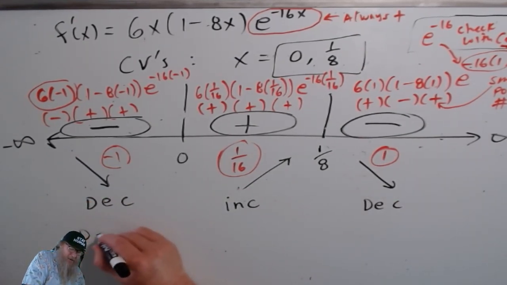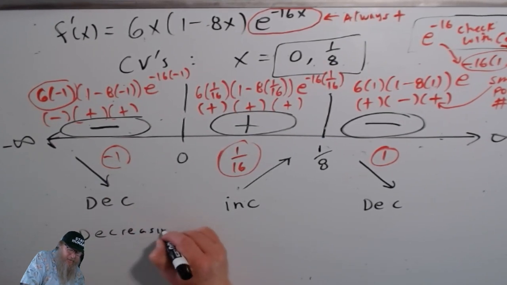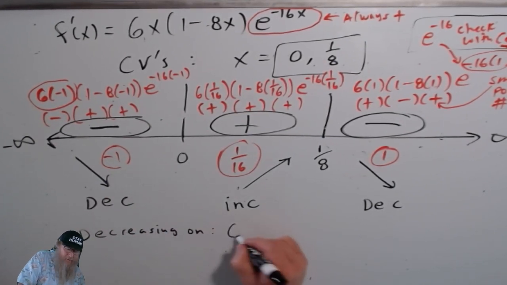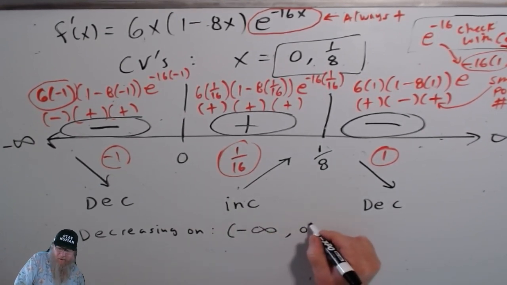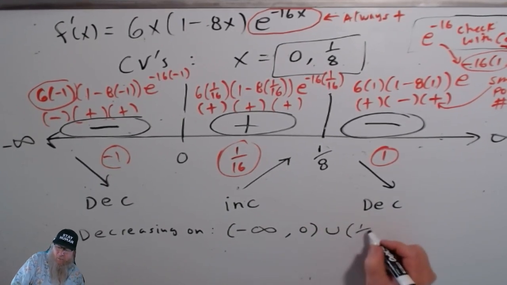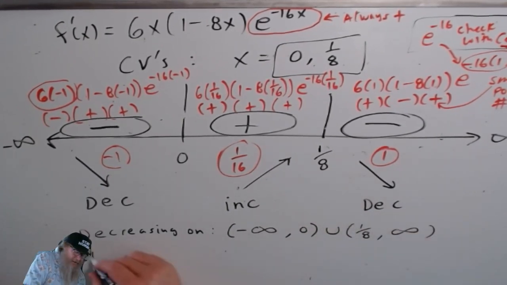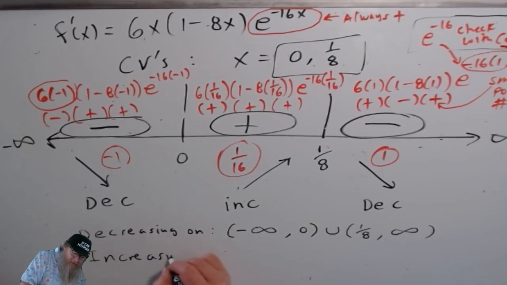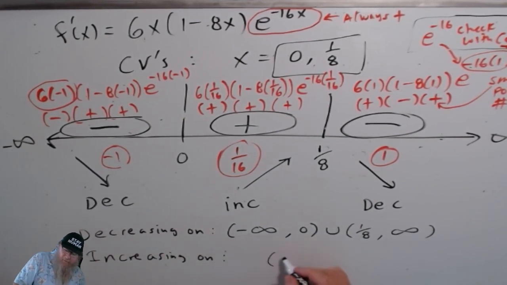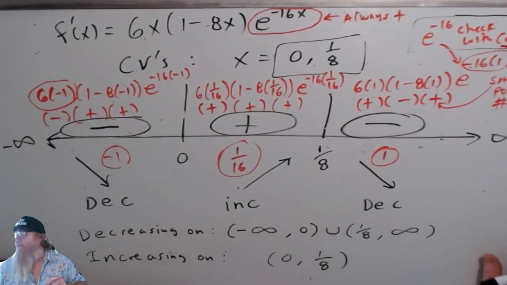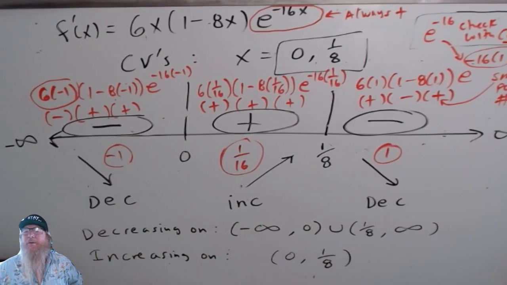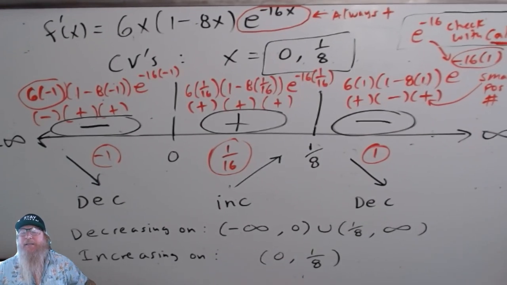So it is decreasing on the interval -infinity to 0, open, union 1/8 to infinity. And it is increasing on the interval 0 to 1/8. Okay, so that is your lesson on increasing and decreasing intervals.